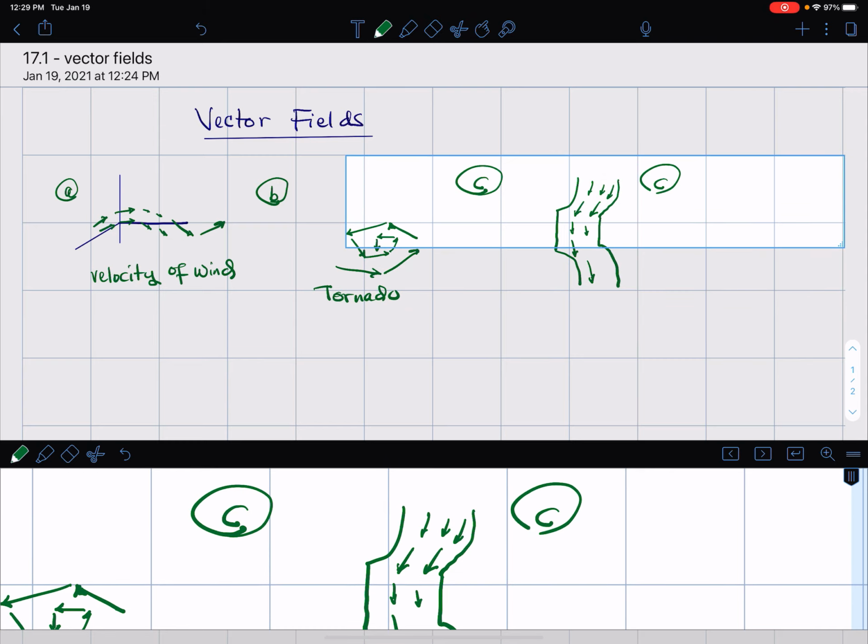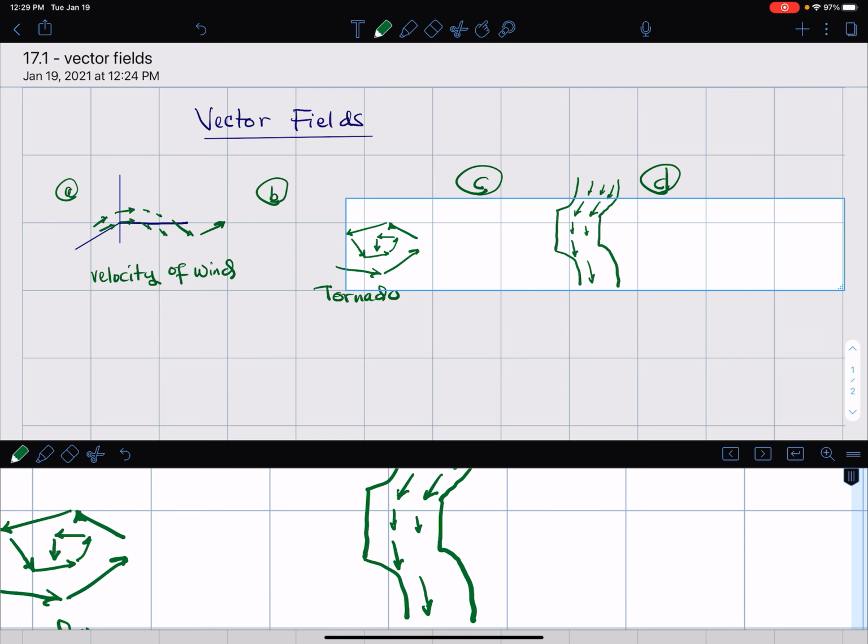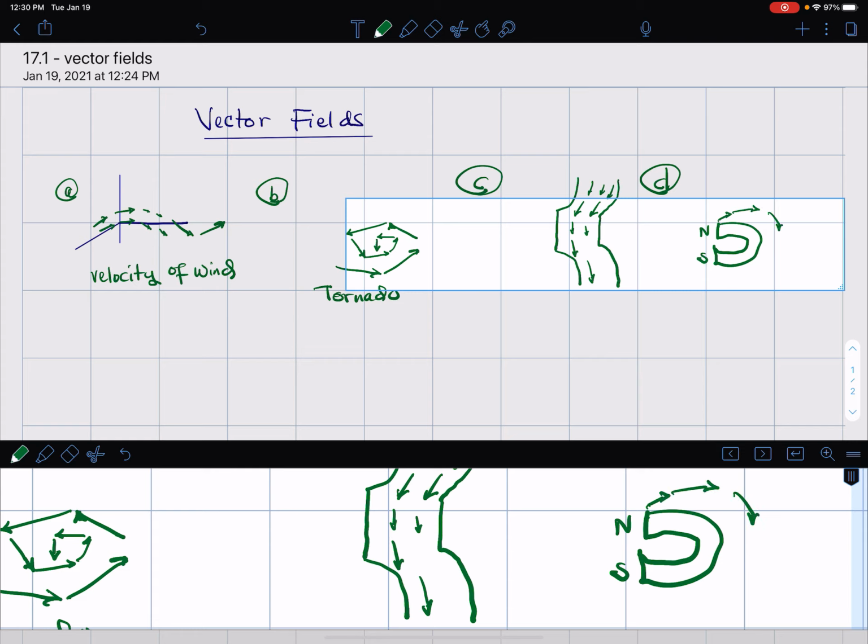Another example I want to give you is the magnetic field. So this is the magnet. I don't know much about magnetism, but I know that if this is the north and this is the south, the magnetic field can go around from the north to the south, and the strength differs.